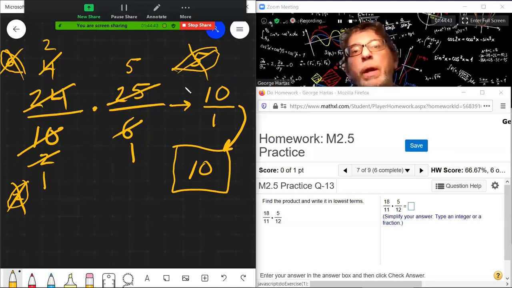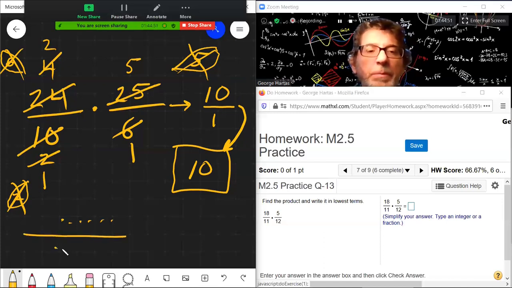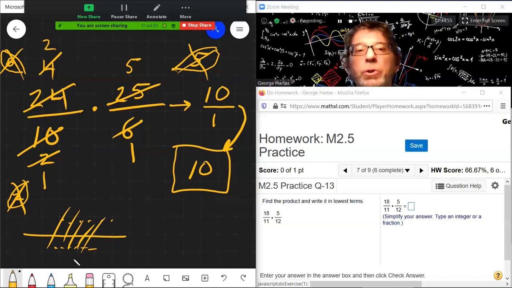Whereas if you multiply across a huge number, you would have to use prime factorization to break down the numerator over the denominator, and then cancel stuff out. Too much work here. I think it's easier this way. You just got to be careful with your neatness.